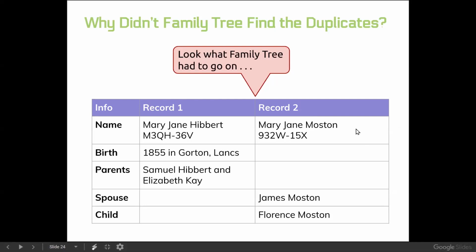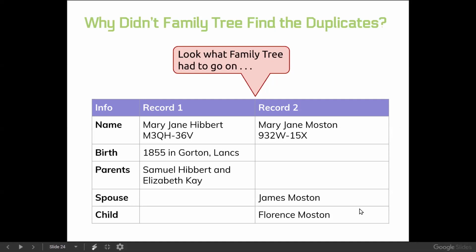And this is one thing that you might find with indexed records, which I feel is unfortunate, is that sometimes people will index the married name, and that just makes it harder to find the duplicate, because the rule in Family Tree is that you should use the woman's maiden name, at least in cultures where women change their name upon marriage. So we had Mary Jane here with her incorrect married name. And then we had nothing by way of birth, nothing by way of parents, and we only had a spouse and child.